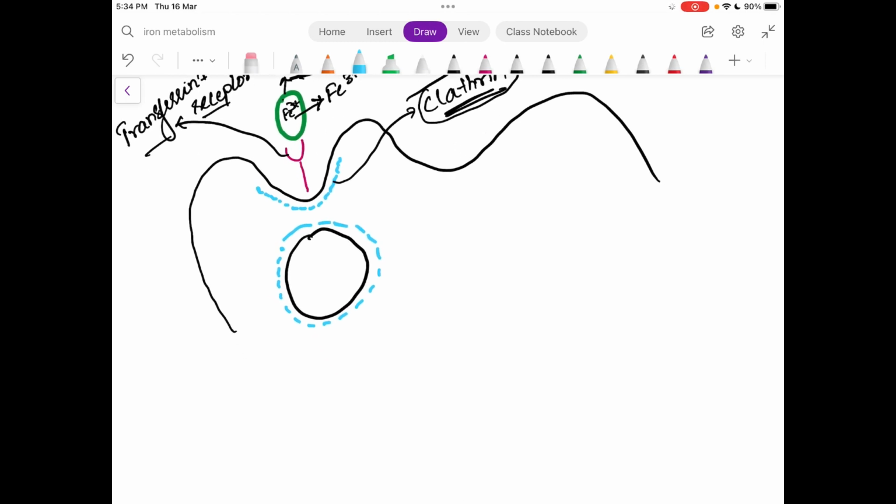This is called an early endosome. They will contain the transferrin molecule with Fe3+, and this is called the early endosome.